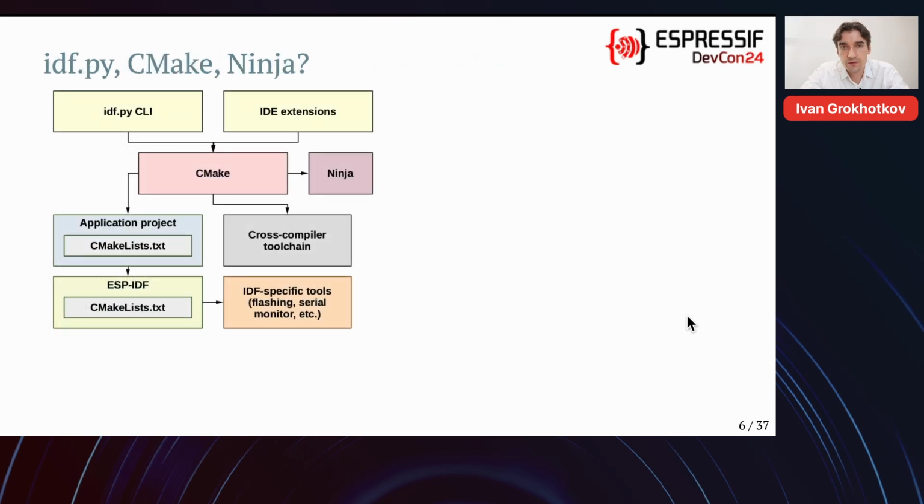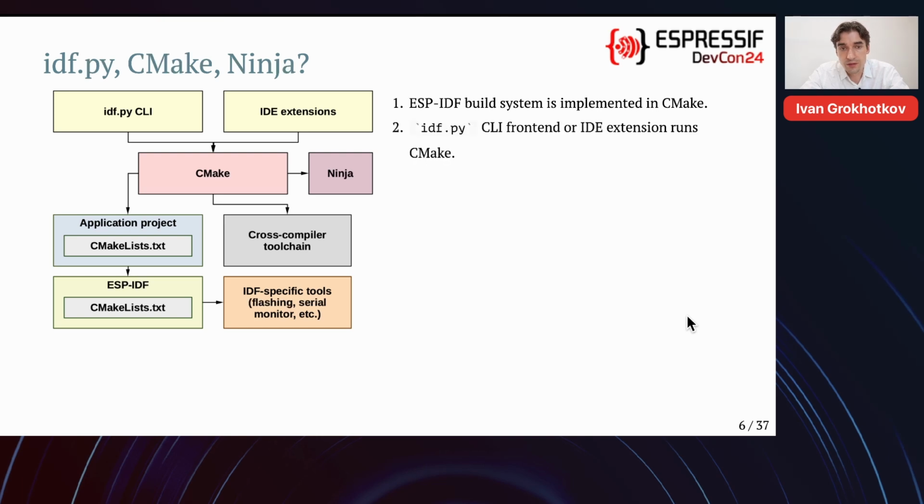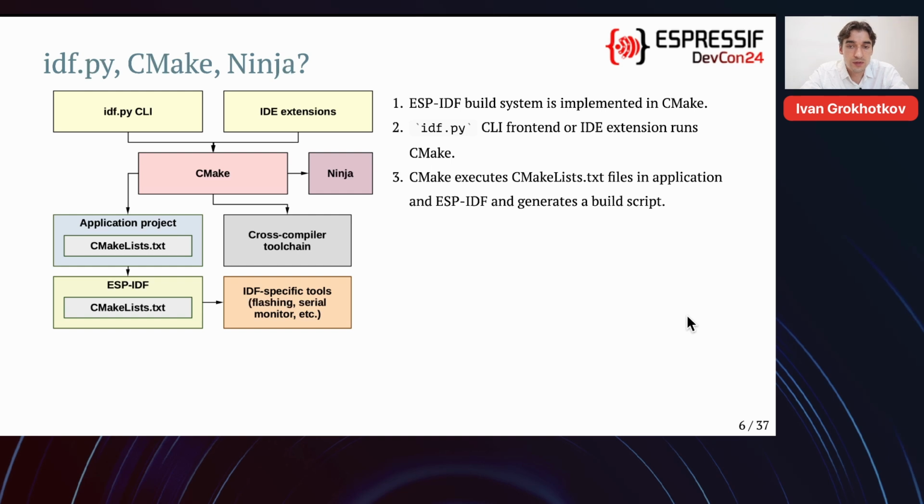How do different parts of the ESP-IDF build system relate to each other? The build system itself is written in CMake, and when you run the build process, you typically invoke either the command line interface idf.py or one of the IDE extensions. Those extensions call CMake, and CMake in turn executes the CMakeLists file inside the application, and that in turn executes the CMakeLists files inside ESP-IDF.